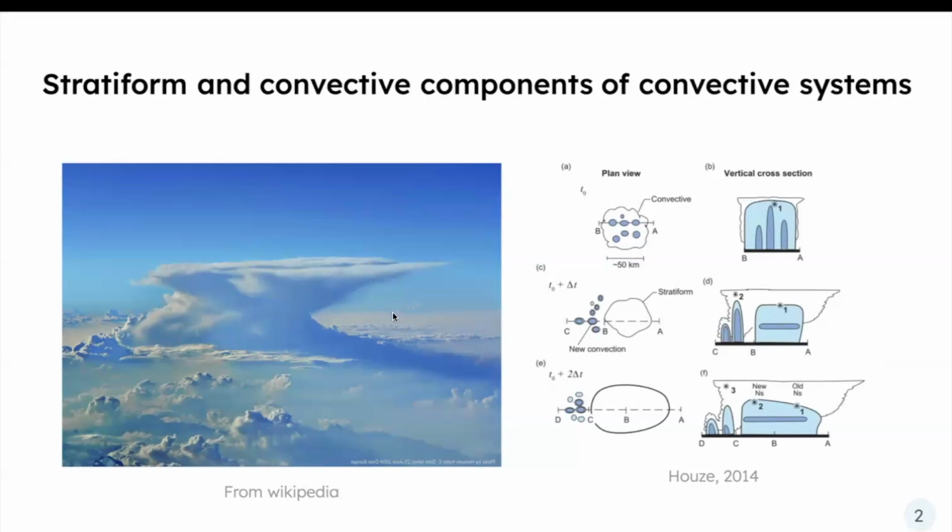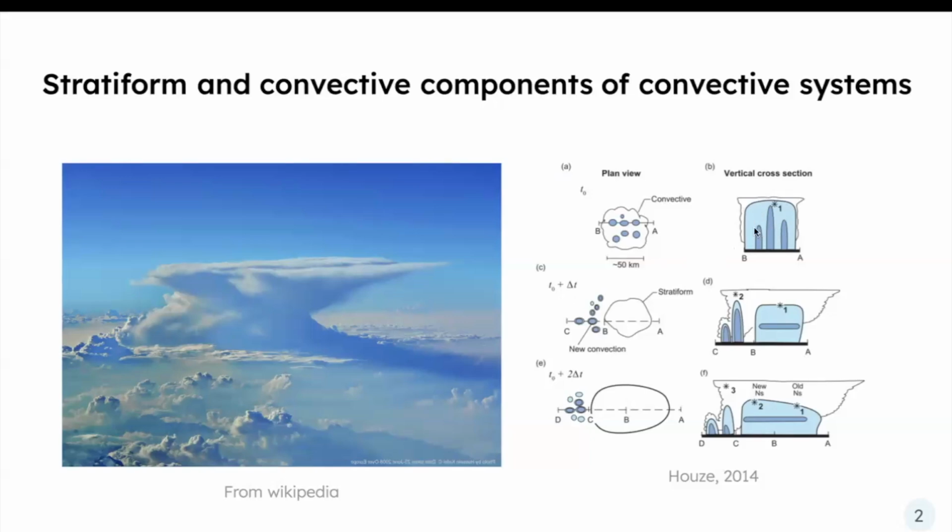On the right, I'm showing a very cartoonish representation of this system, and also you have the time component. So the first column shows the top view of the system, and then the second column shows the vertical cross section. If you look at this first vertical cross section, you see that at the beginning you have a strong updraft that transports a mass of water vapor upward, and that rains down.